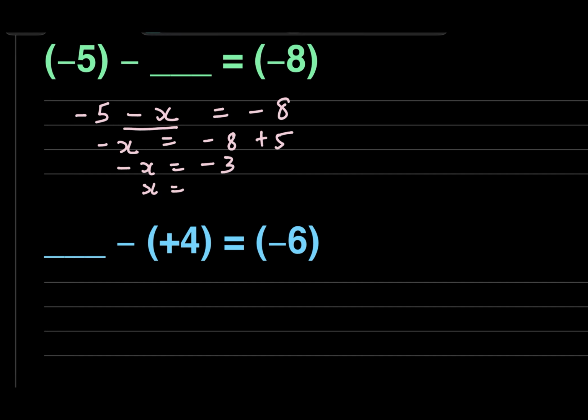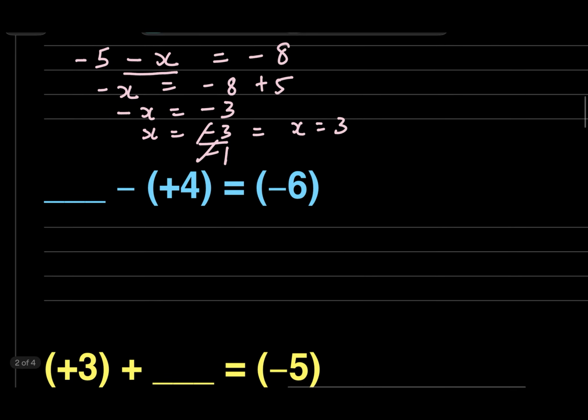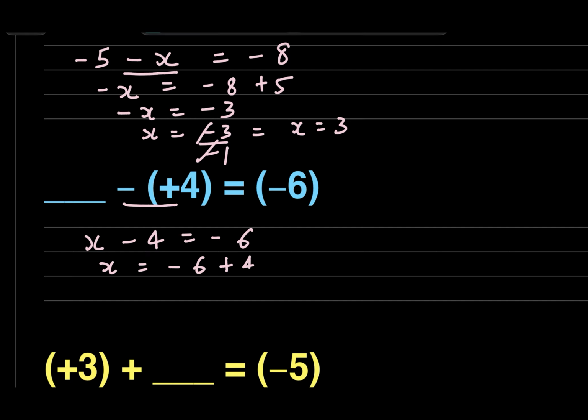So x is minus 3 upon minus 1, this can cancel, x is 3. Next one, x plus and minus together is minus 4 is minus 6. x is equal to negative 6 plus 4. x is negative 2.